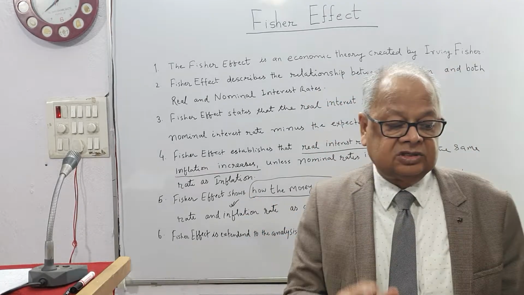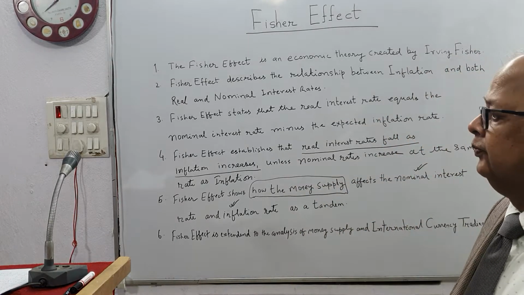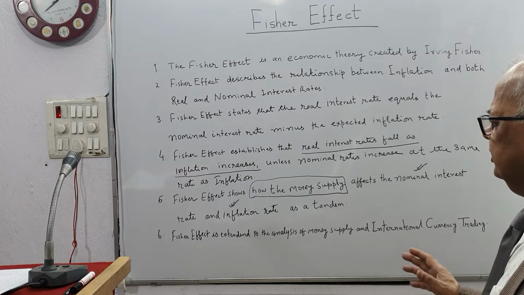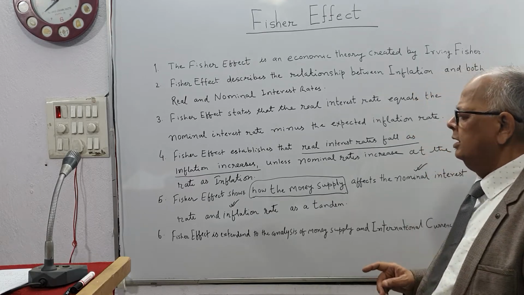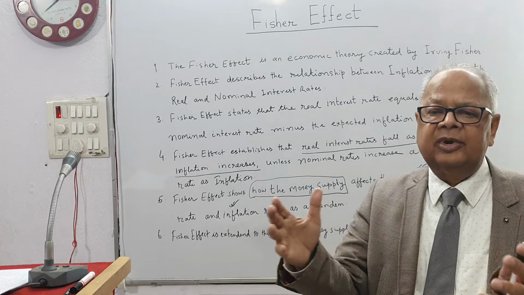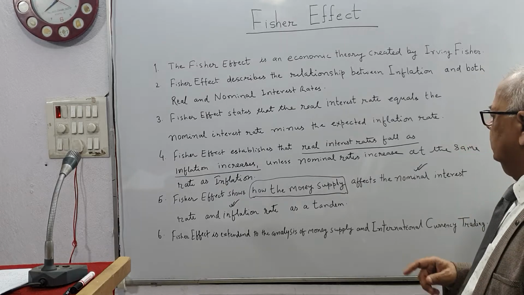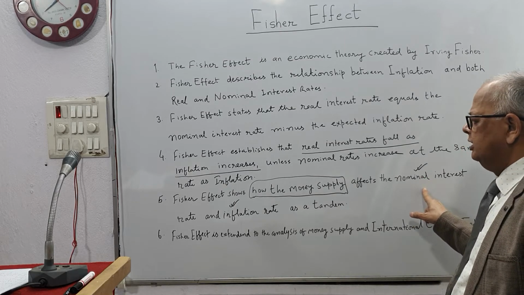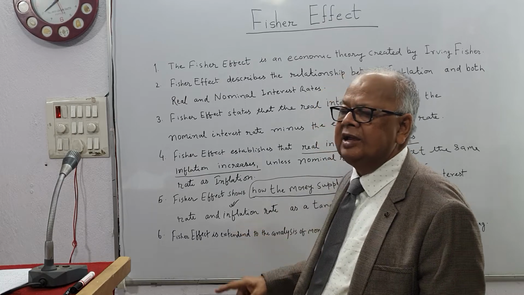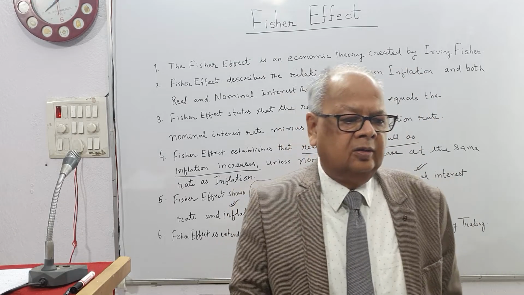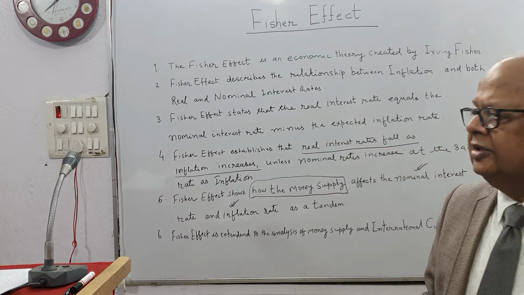It is Fisher's research that in a capitalistic, developed economy, money supply is not only related to the general price level. It is also related to nominal interest rate and inflation rate. Price level is inflation rate; change in prices is inflation rate.